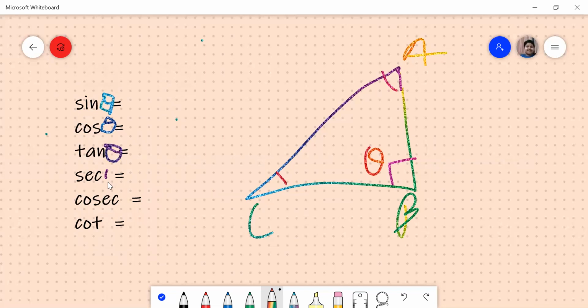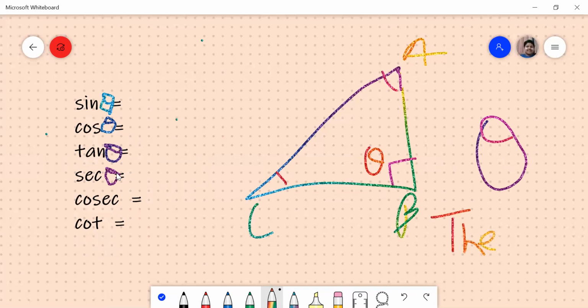It's going bad because I'm using the laptop. But the real symbol would be this. That's the theta symbol.